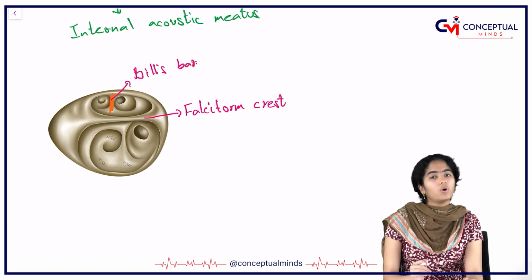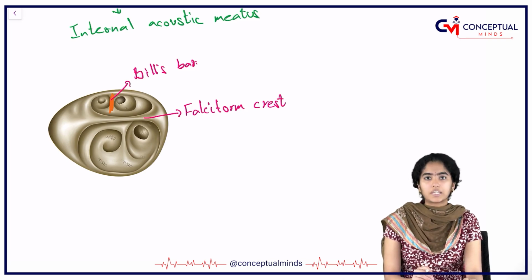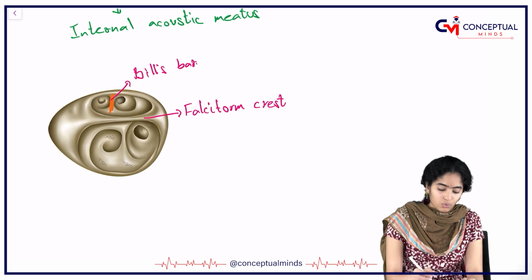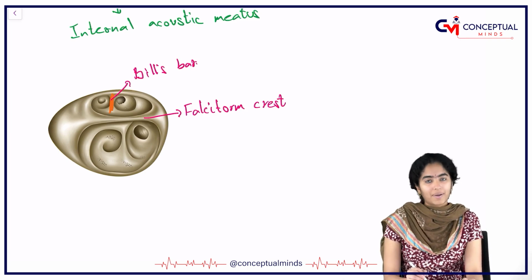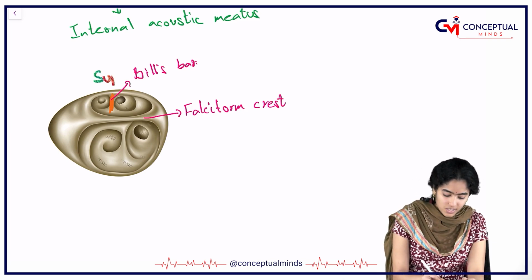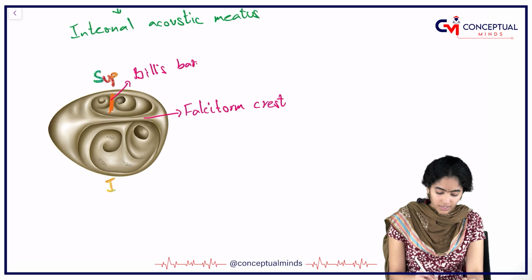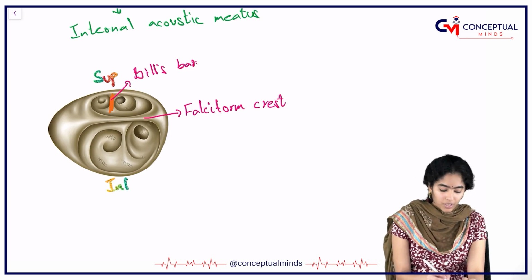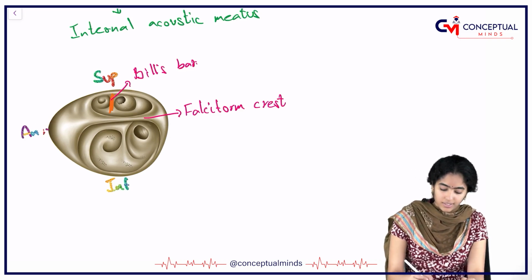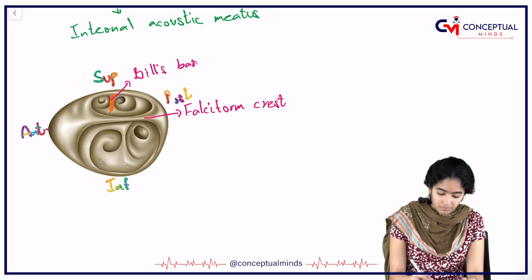Inferiorly also we have 2 compartments, but there is no specific name. Now let me tell you which structure passes where. This is the superior, this is the inferior compartment, this is anterior and this is posterior.